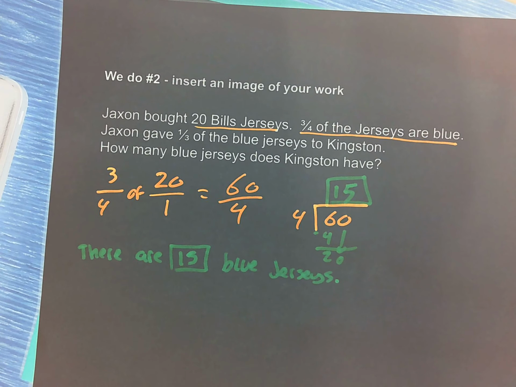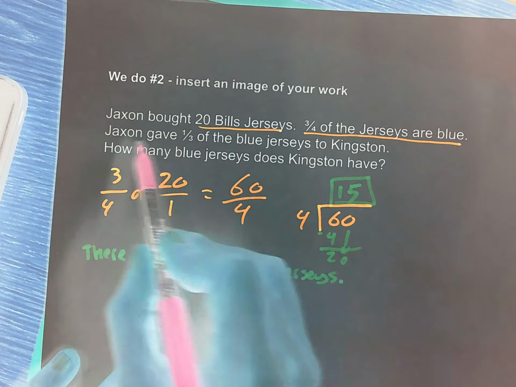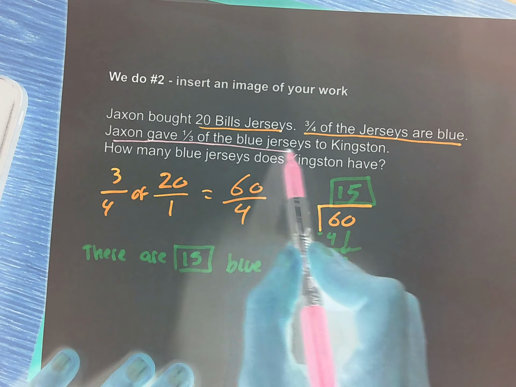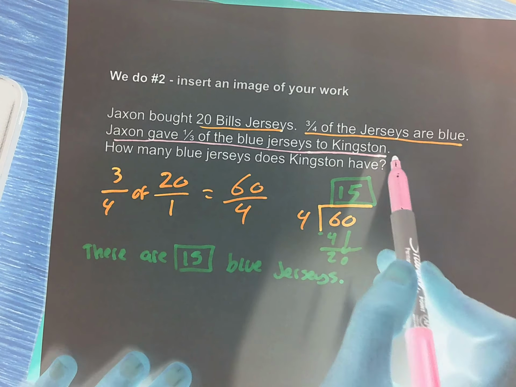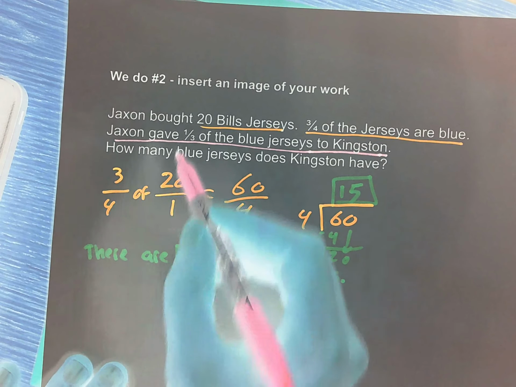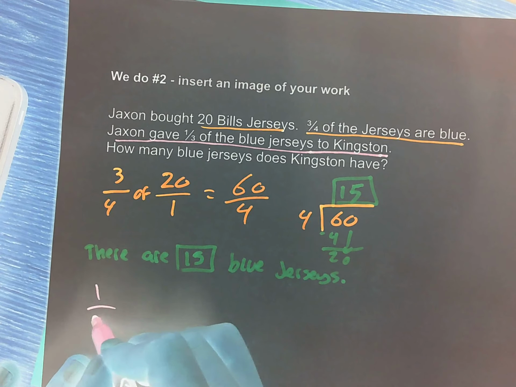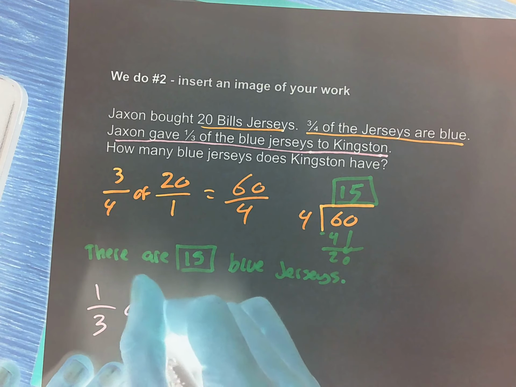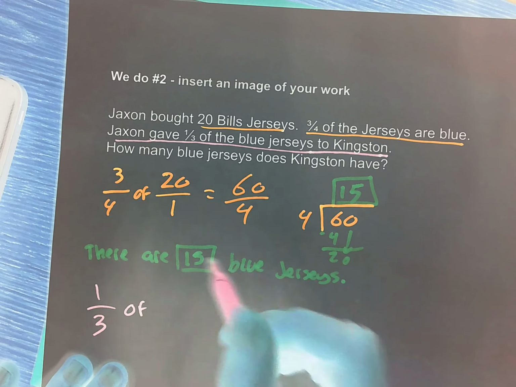Now, we also know that Jackson gave 1/3 of the blue jerseys to Kingston. And there are 15 blue jerseys. So now we need to solve what is 1/3 of 15.